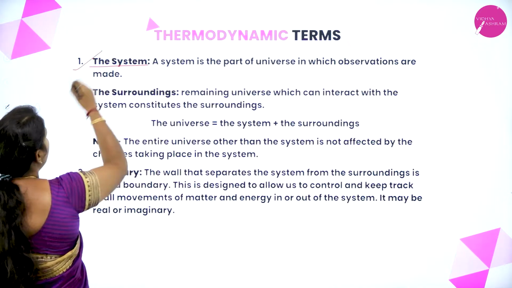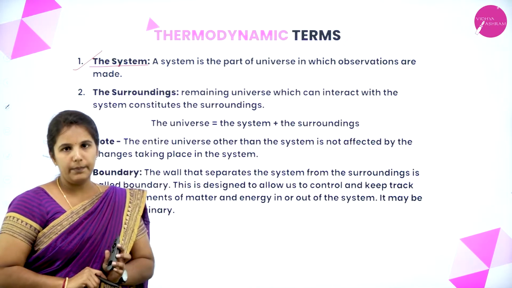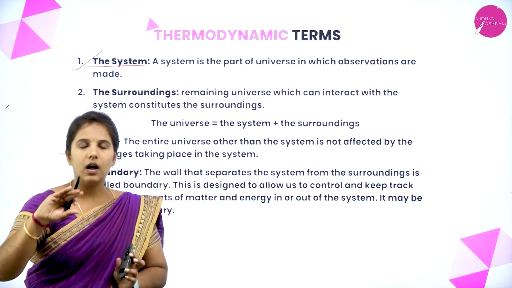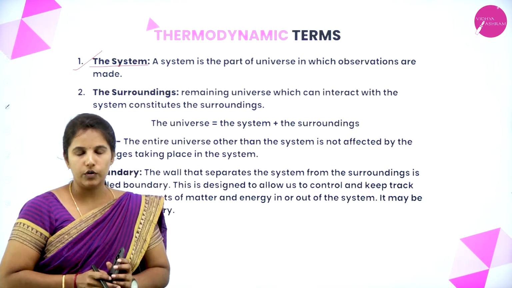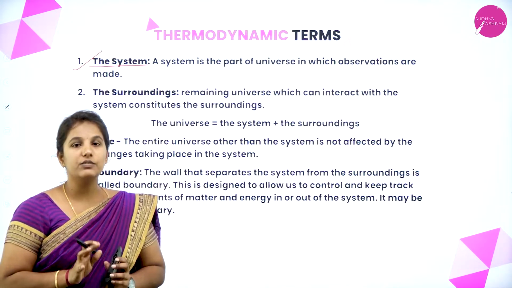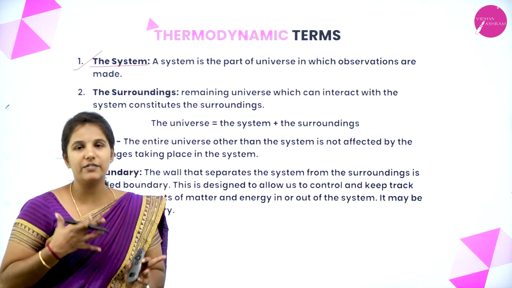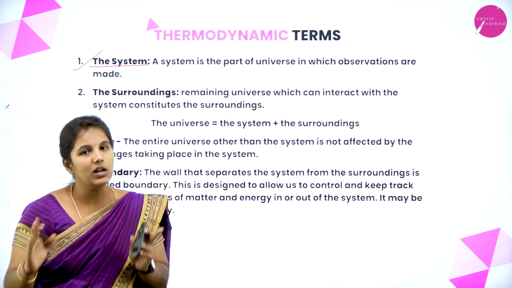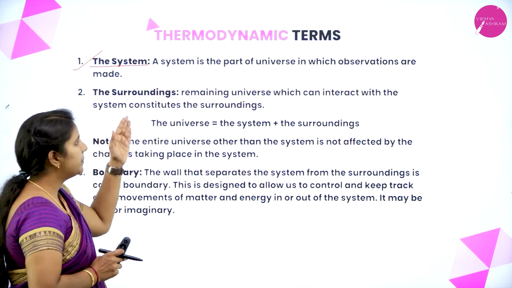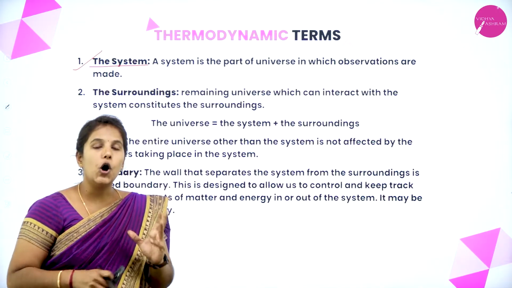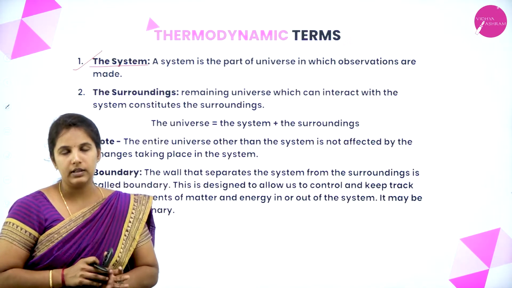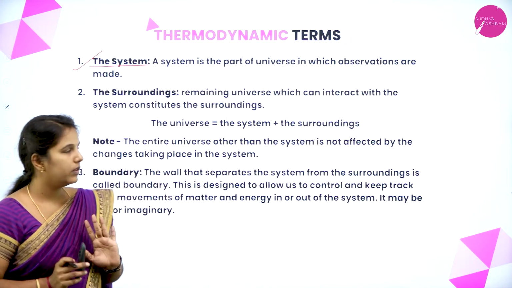For example, if I consider a glass of hot water and I make observations on that glass of hot water, that is said to be the system. It is a part of the universe in which all observations will be made. That is said to be a system.